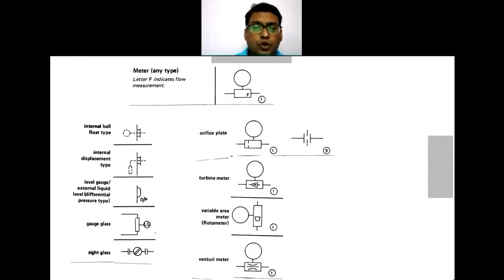Now if you look at this, this is the differential pressure type that is used. One pressure point is here, another pressure point is here. It is nothing but your manometer, and the pressure measurement is used for indicating the liquid level.